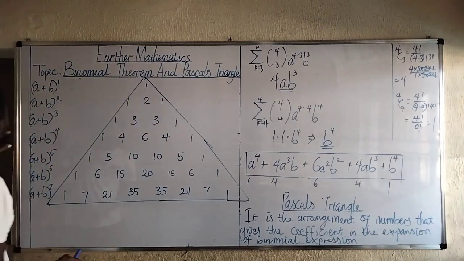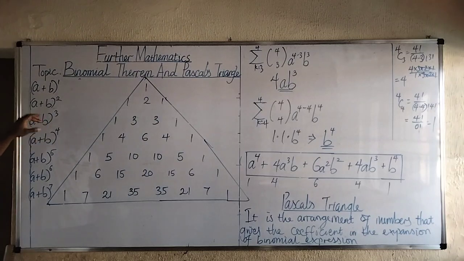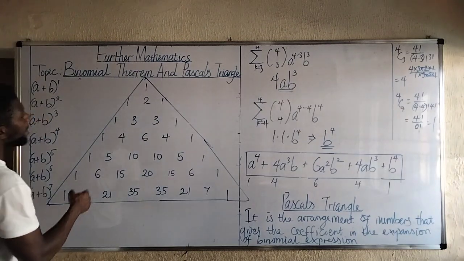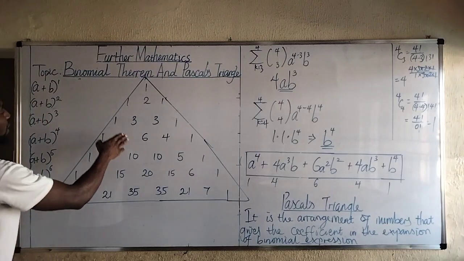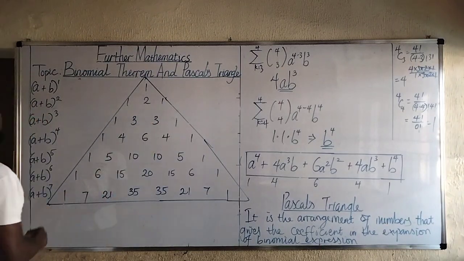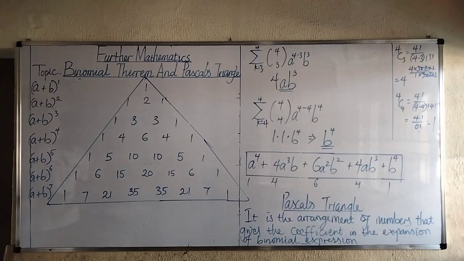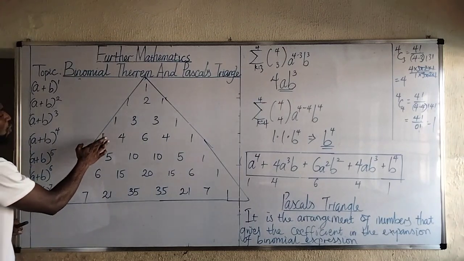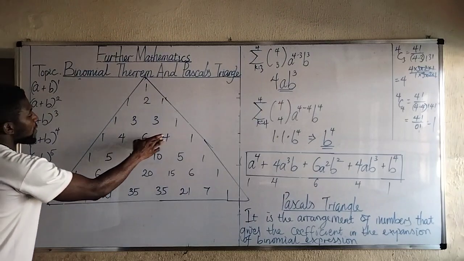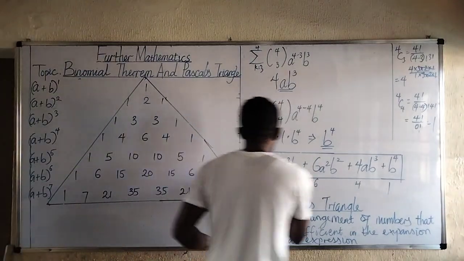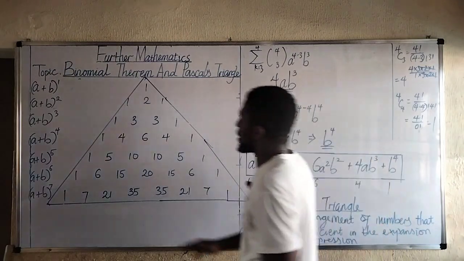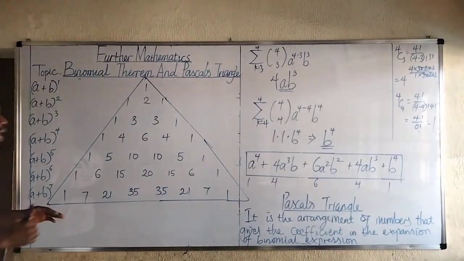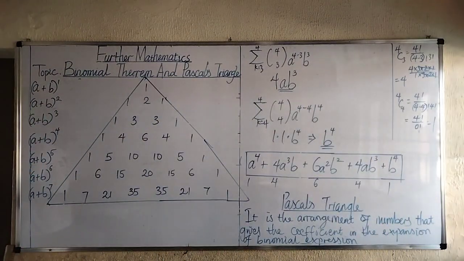If we have (a + b) to the third power, the coefficients of our terms will be 1, 3, 3, 1. And if we have (a + b) all to the fourth power, we are going to have 1, 4, 6, 4, 1 as we have here. So this gives us a clearer picture of how the coefficients of our terms will be.